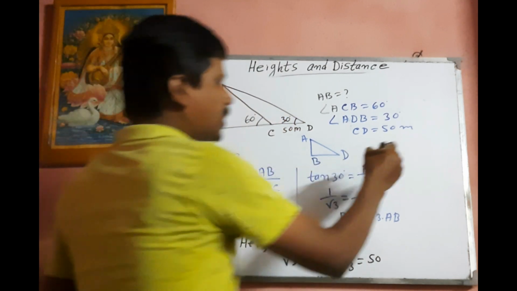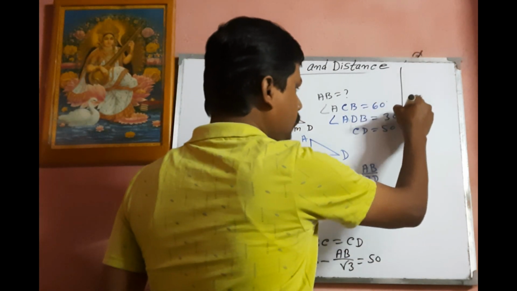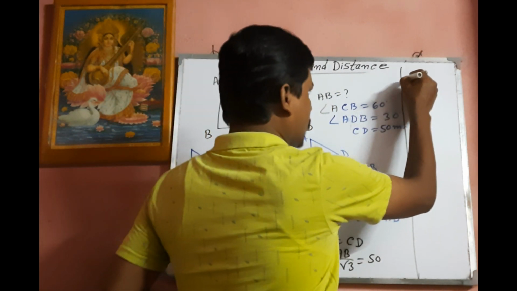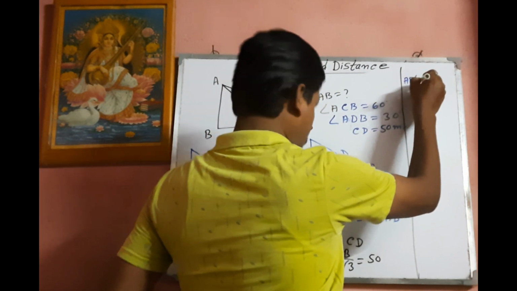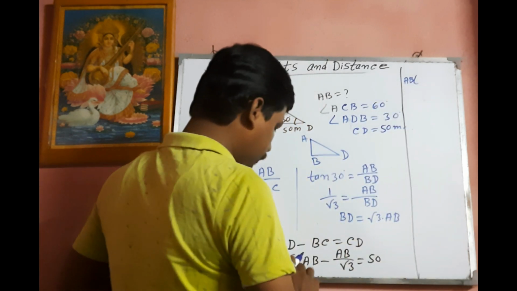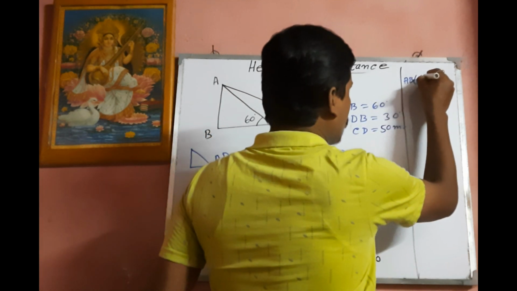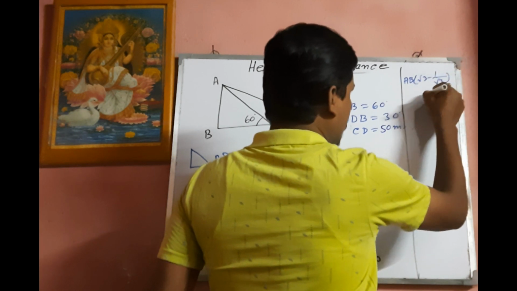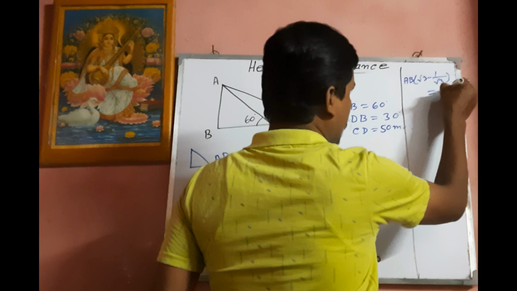So after calculating this, AB is common, then AB times (root 3 minus 1 by root 3) is equal to 50.